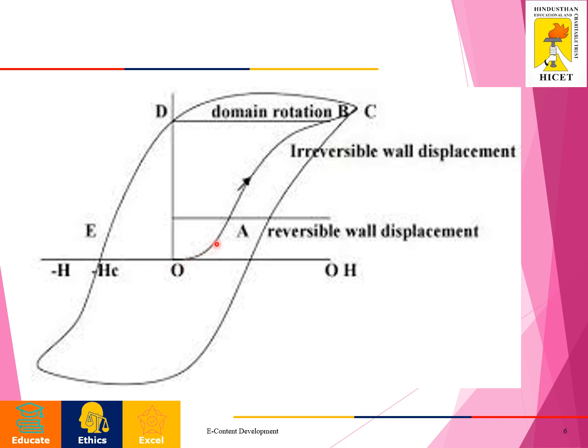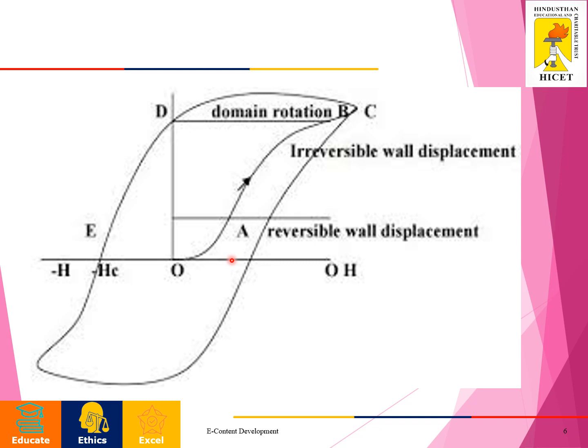This gives rise to a small magnetization corresponding to the initial portion of the hysteresis curve, OA. If the applied field is removed, the domain returns to its original state. That is called reversible wall displacement. It is denoted by OA.